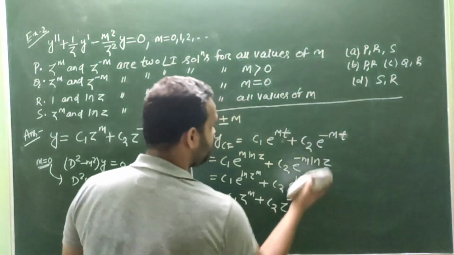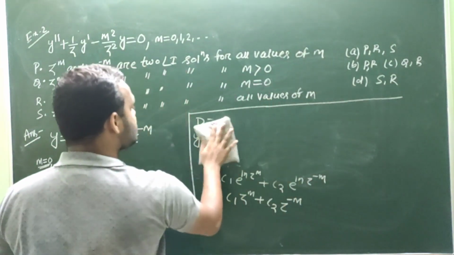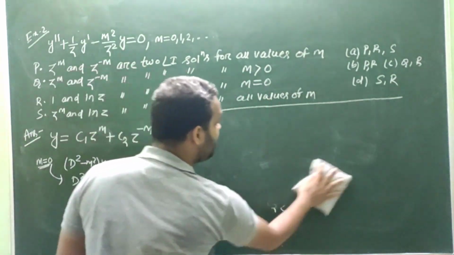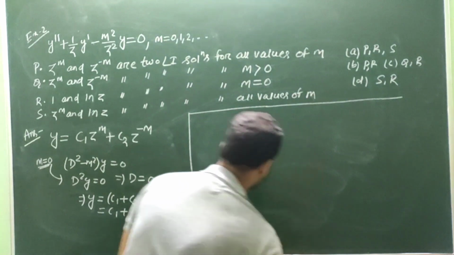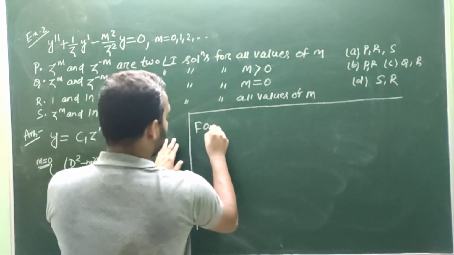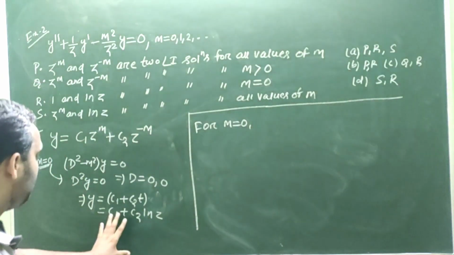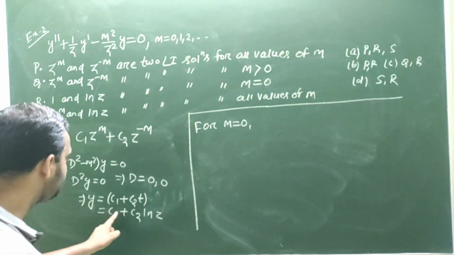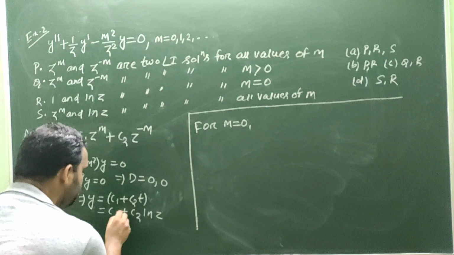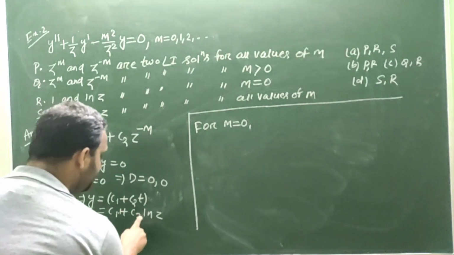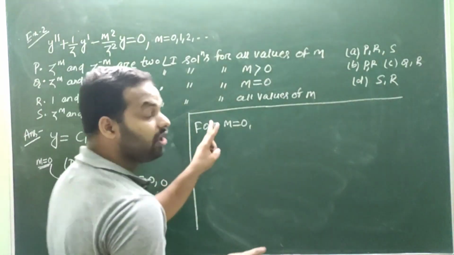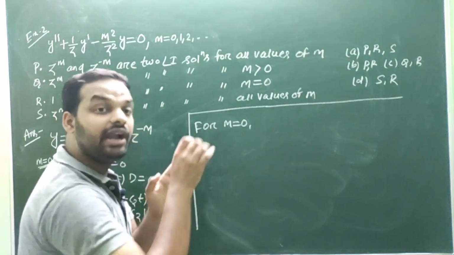And here you can conclude that for m is equal to 0, the two linearly independent solutions are, you see here, C1 into 1 and C2 into log z. So the two linearly independent solutions are 1 and log z.